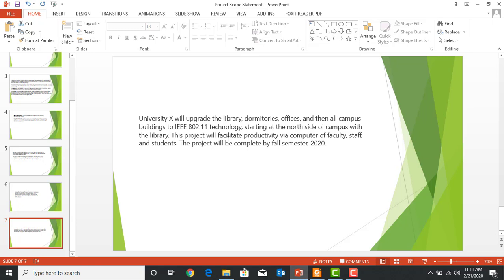This is known as progressively elaborating our statement, because now we know what kind of Wi-Fi technology we are adding, what side of the campus we are adding it to, who will get the benefit out of that project, and when this project will be completed. So everything is here. I hope this information will help you to create your project scope statement.